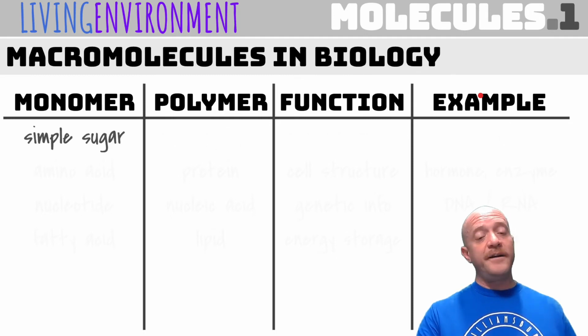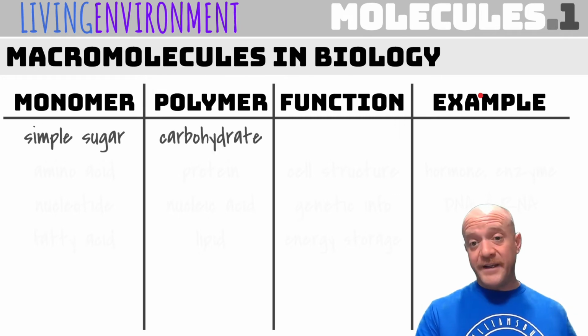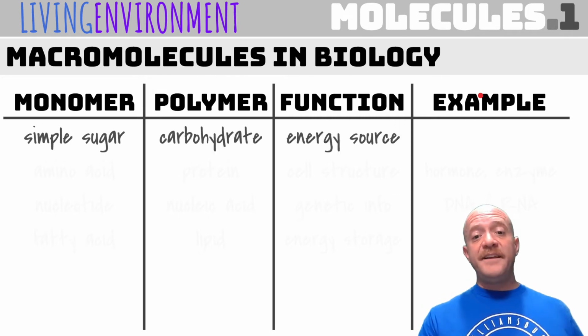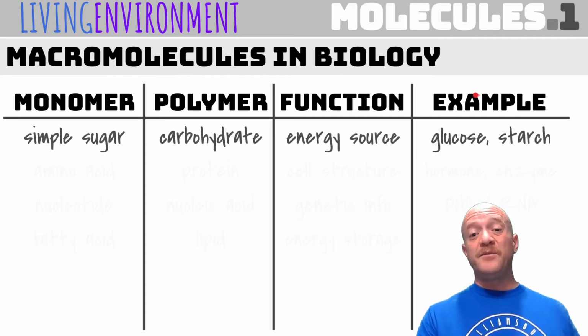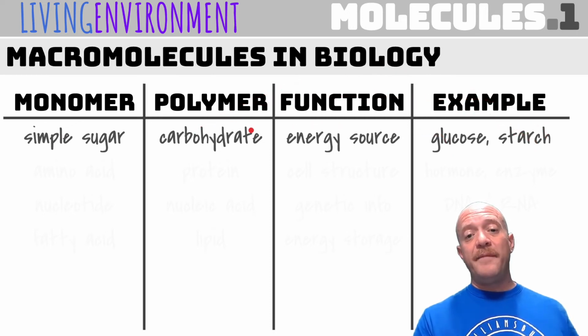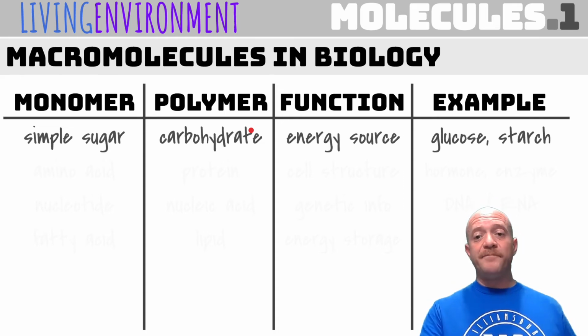The first monomer is a simple sugar. The polymer made from that simple sugar is a carbohydrate. The function of these is as energy sources. Examples would be glucose and starch. Remember, glucose is a simple sugar and starch is a carbohydrate. You might want to make note of that because you might not remember it if you just write it down.